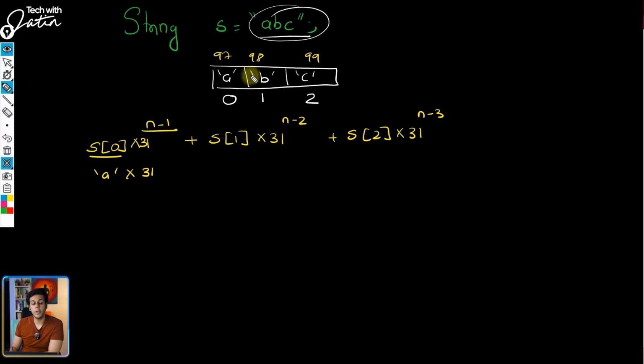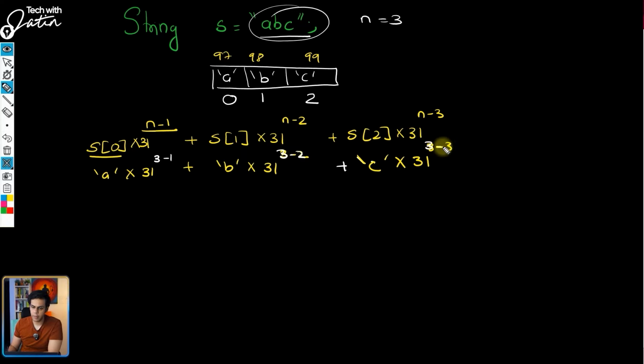N over here is the length of this particular string. So n over here is 3, there are 3 characters. So 3 minus 1, then plus your character B into 31 raised to 3 minus 2, plus your character C coming into picture into 31 raised to 3 minus 3.